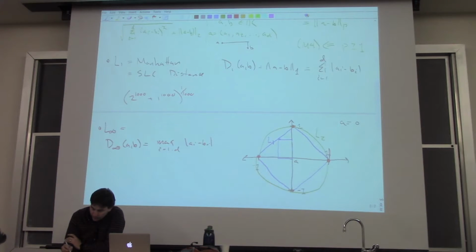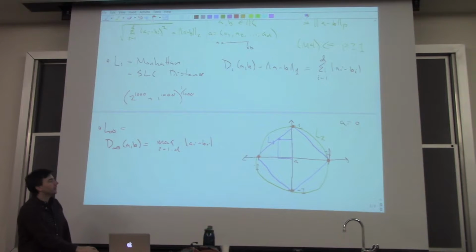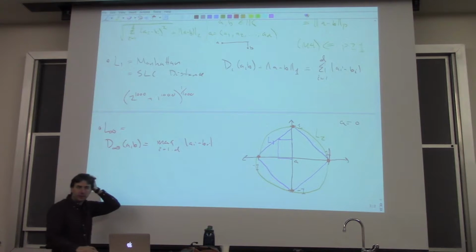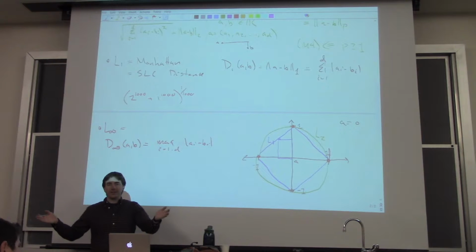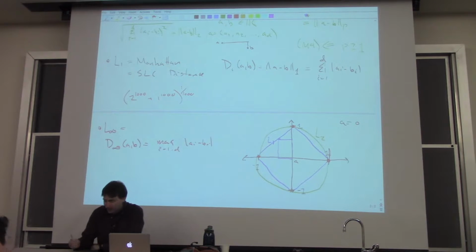Okay, so now if I draw the unit ball on this picture, what is this one going to look like? You said the answer already before. Square, right? Now we're getting the square.